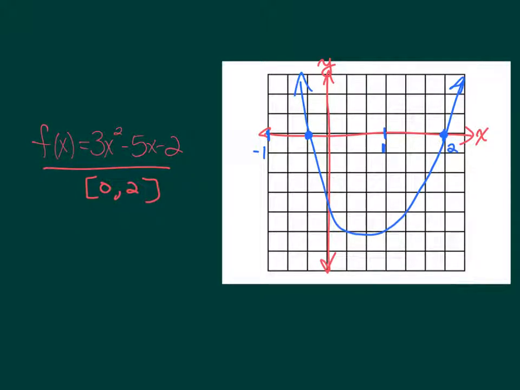So I'm going to highlight it for you. We're checking the area between the function and the x-axis between x equals 0 and x equals 2. So we're trying to find this shaded region right in here. And one thing to note is that this shaded region is 100% underneath the x-axis.